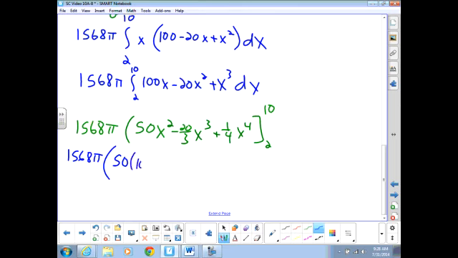We'll plug in our 10. Remember to put your whole second part in parentheses when you plug in the 2.